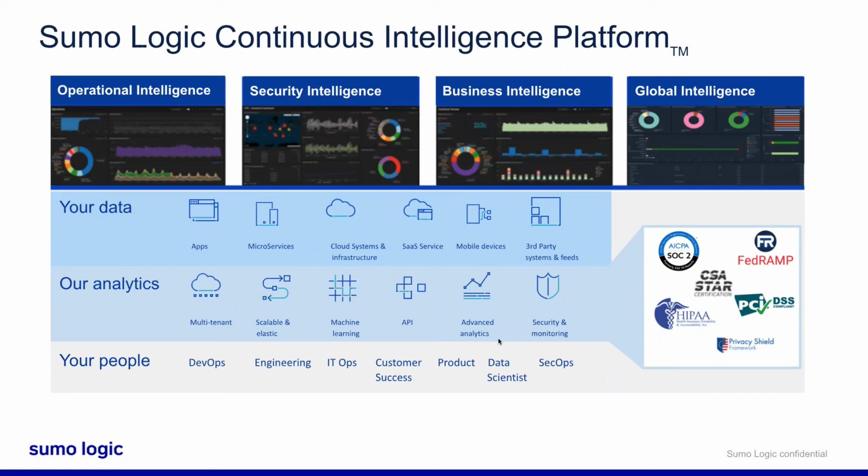APIs, of course, so that you can utilize them to incorporate Sumo Logic into other products. On the right-hand side of the screen here, we want to just point out that we have a variety of different security certifications and attestations, PCI, SOC 2, HIPAA, you see some of them there.